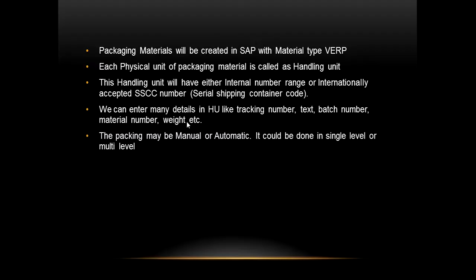One can enter many details in HU like tracking number, text, batch, material number, weight, etc. The packing may be manual or automatic. It could be done in single level or it could be done in multi-level HU.